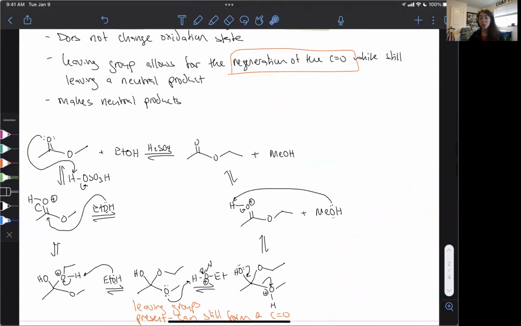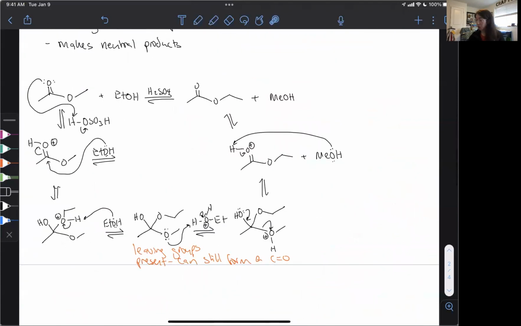In the case of the carboxylic acid derivatives, we have leaving groups here. It's kind of looking like that hemiacetal-ish thing. And when we go to reform our carbonyl, now we just have an H present, right? We don't have some R group here. So we don't have to have another equivalent of alcohol come in.